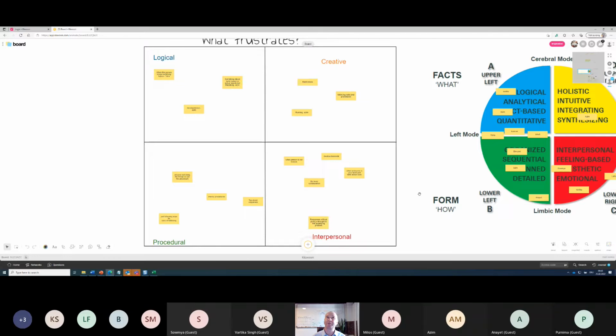A beautiful example. So I can guarantee you that people that enjoy auditing are definitely logical and procedural. That's their preference. Absolutely. And I know some brilliant auditors. But I want to touch on your points about you wanted to be creative. It was too restrictive.